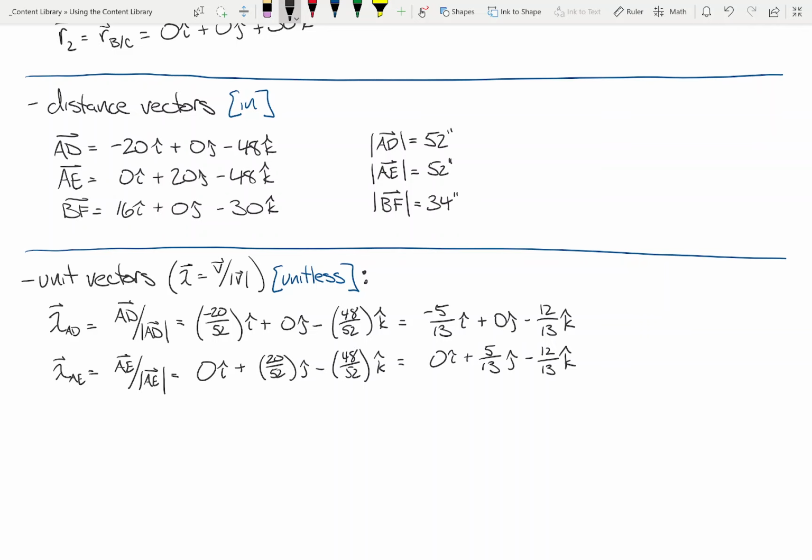And then BF. So let's see. So BF is going to be 16 over 34. 16 over 34 doesn't reduce all that much, but it'll go 8 over 17.